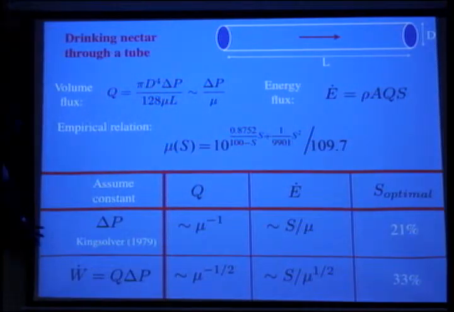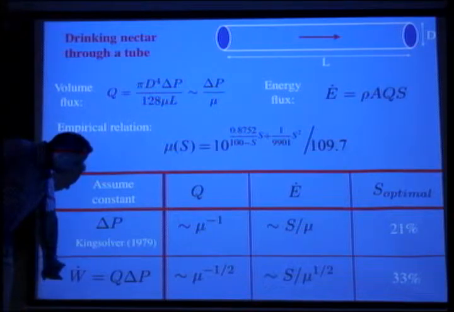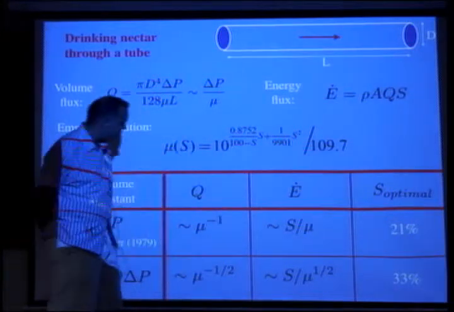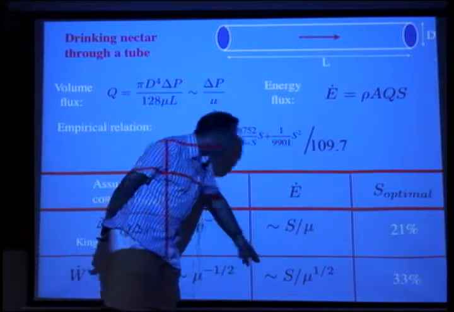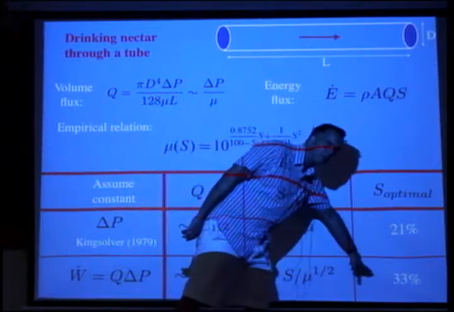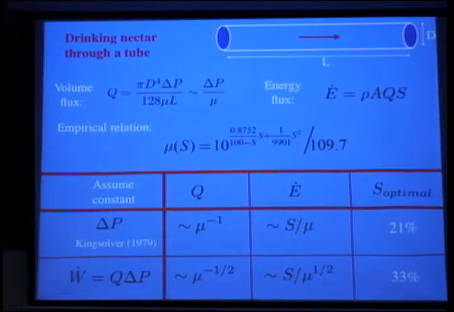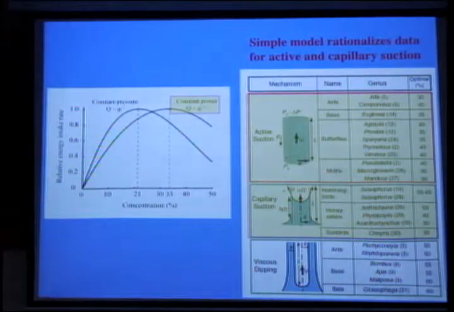But if you assume that what's held constant is the rate of work, then we expect Q to scale like mu to the minus 1/2 power, and E prime then to scale like S over mu to the 1/2, and it predicts an optimal concentration of 33%, which is roughly consistent. We saw it was about 35% for these suction drinkers.